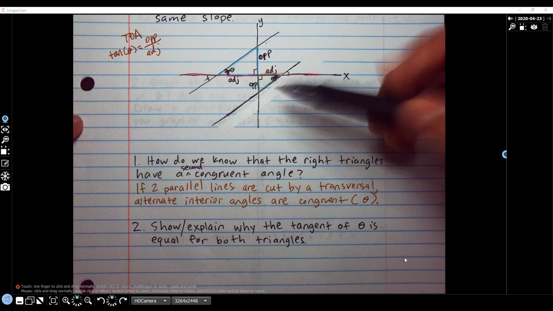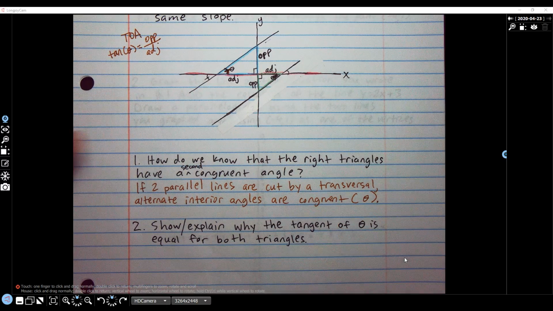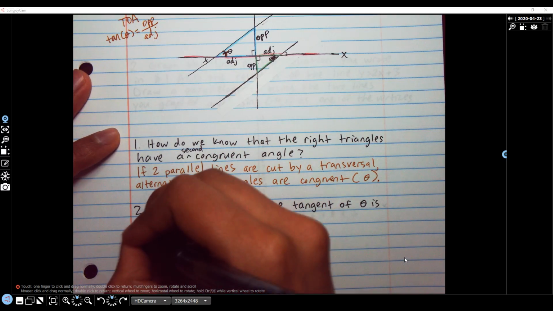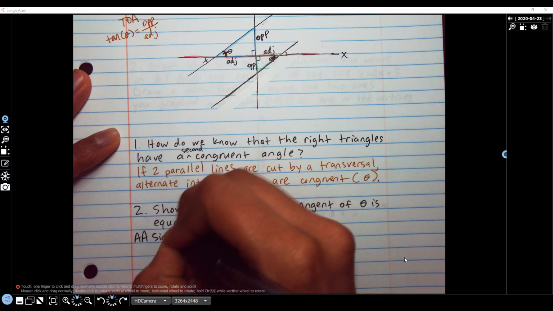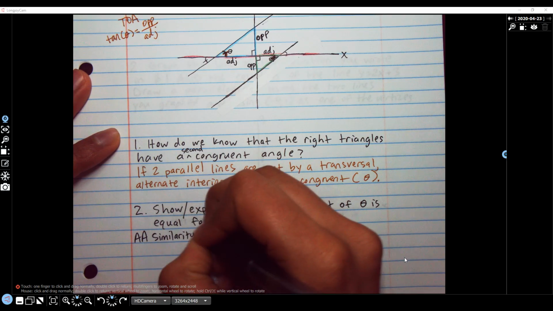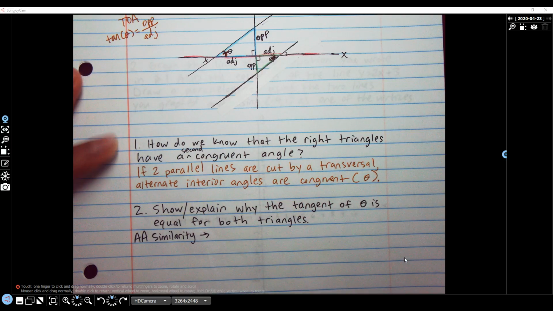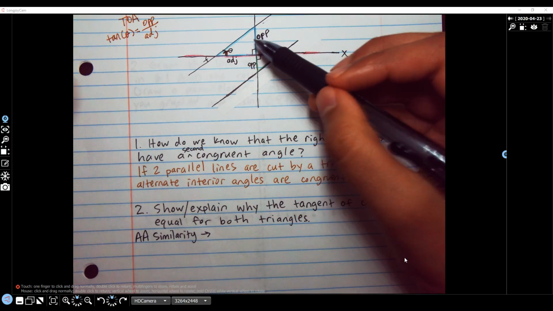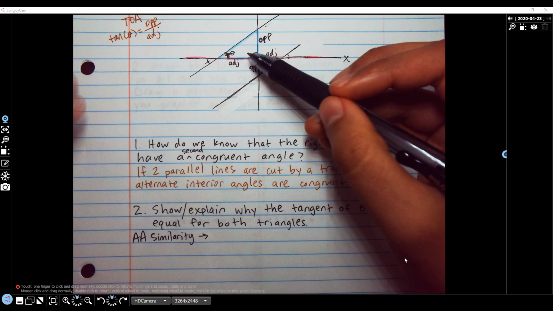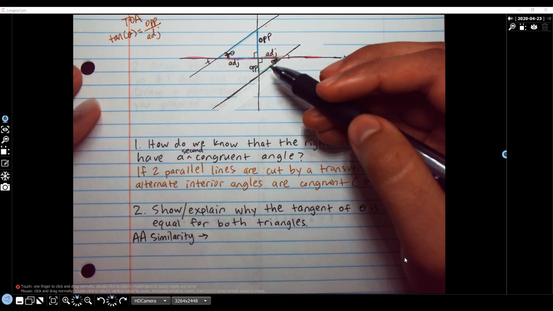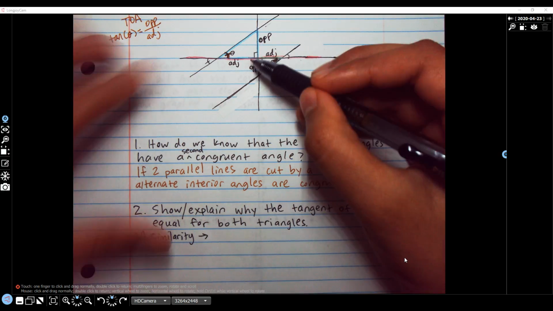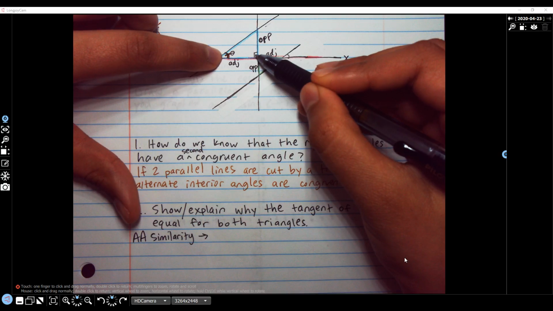So if you all remember, we went through a theorem in our similarity unit called angle-angle similarity, right? So if two triangles have two congruent angles, two sets of congruent angles, they are similar.